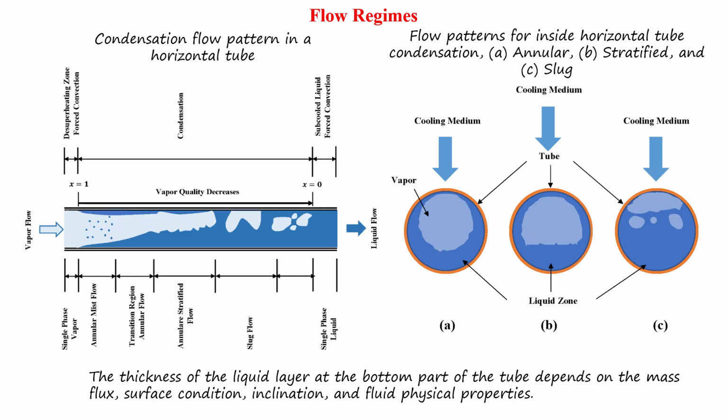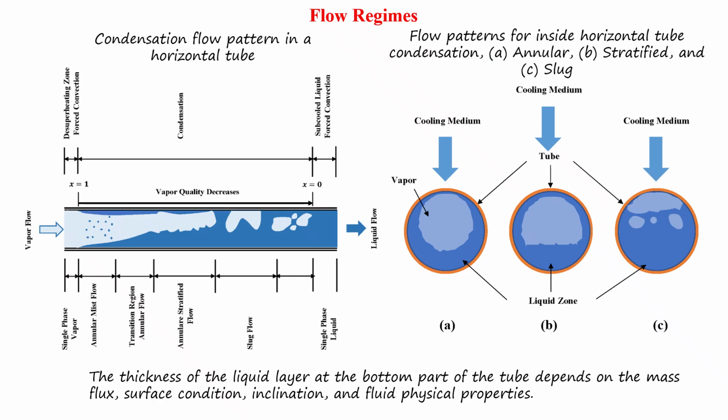Of course, in vertical tube condensation, the downflow inside the vertical configuration provides higher heat transfer coefficient, and the flow distribution is well predicted. This is just a simple and brief description of the condensation process that occurs inside the horizontal tube.